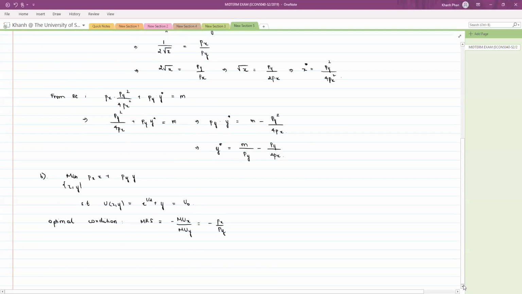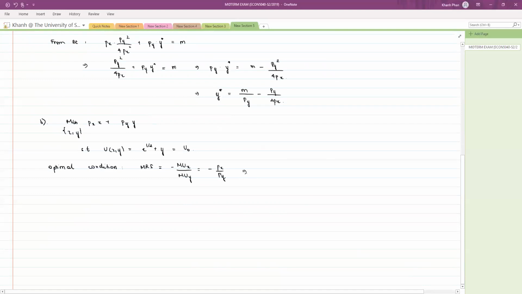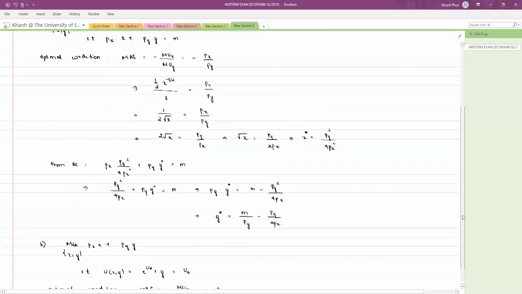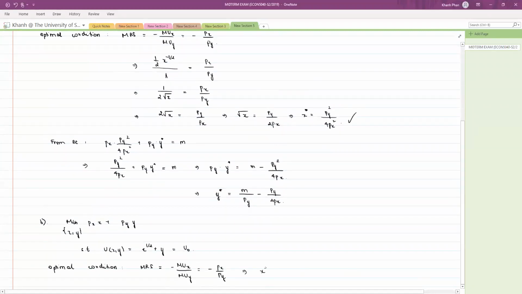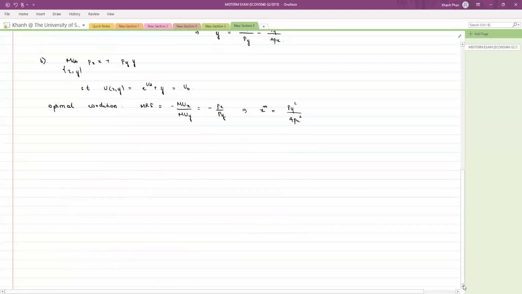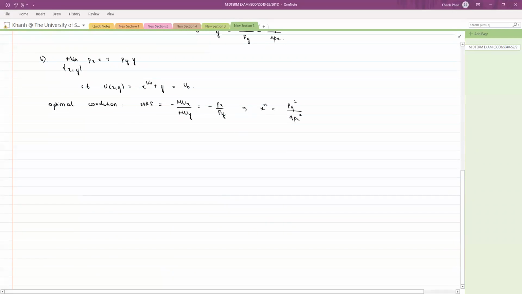So this gives us the same optimal conditions as above, and we found that x star, which I call x hash, the Hicksian demand, is equal to py squared divided by 4px squared. Because the optimal conditions remain exactly the same, what we found is the same. So the Hicksian demand for x is the same.